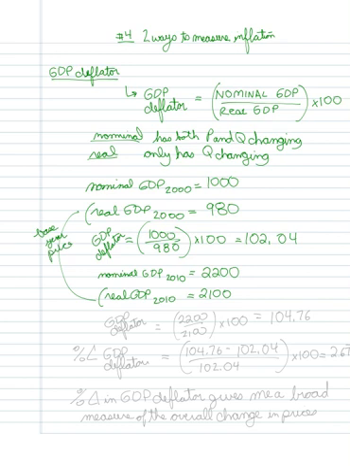If you need some review about how to calculate the real GDP, go back 2 chapters, to chapter 6. On the agenda, it's item number 7.